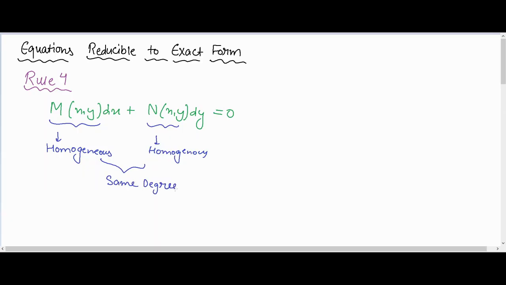Let's take a look by just a dummy example. Let's say M is some function xy plus x square and N is some function, let's say x square plus y square, right?